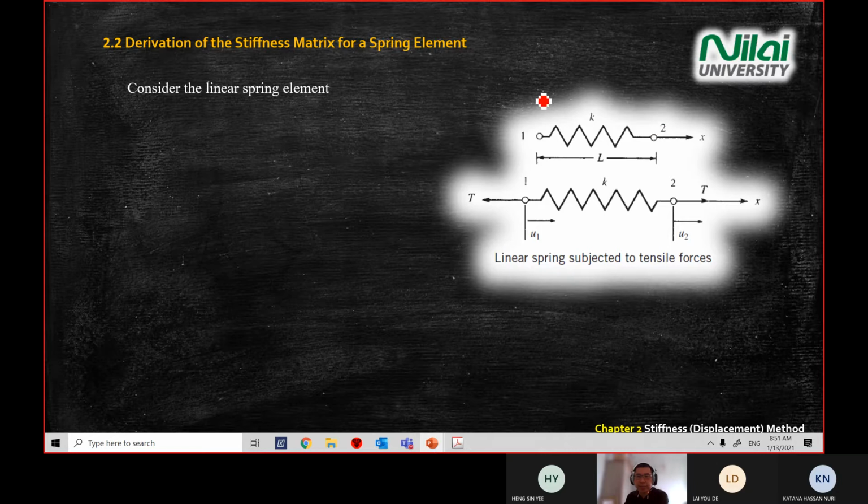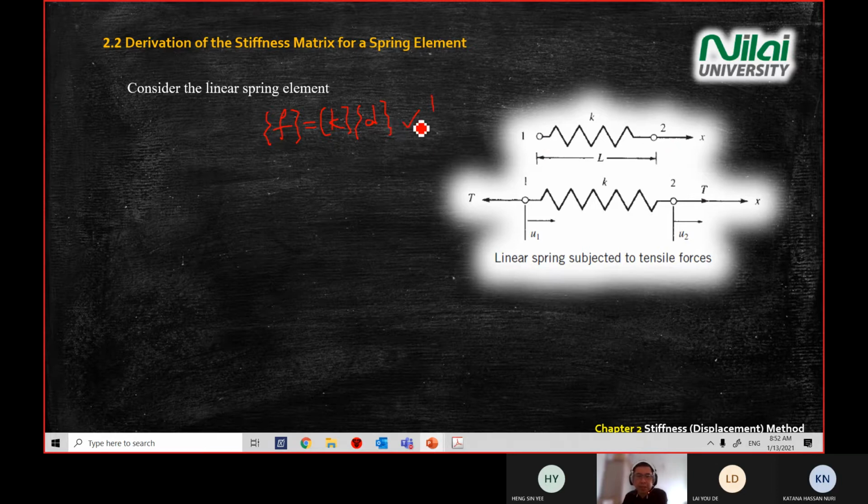So for this system, if you look at the diagram, we again have a simple system element. Every time you see a small circle or node, you recall this equation, F equal to KD. We're going to repeat this equation many times until you can memorize it. So every time you see a single node like this, or you analyze the system in nodal dimension, then straight away you write this equation, you get 1 mark.